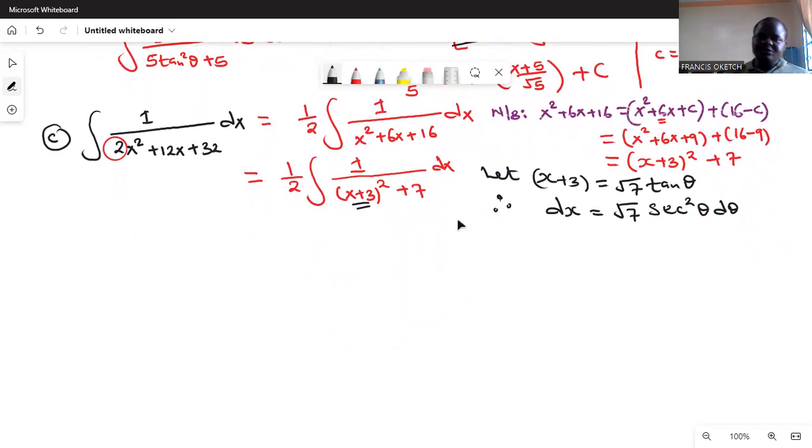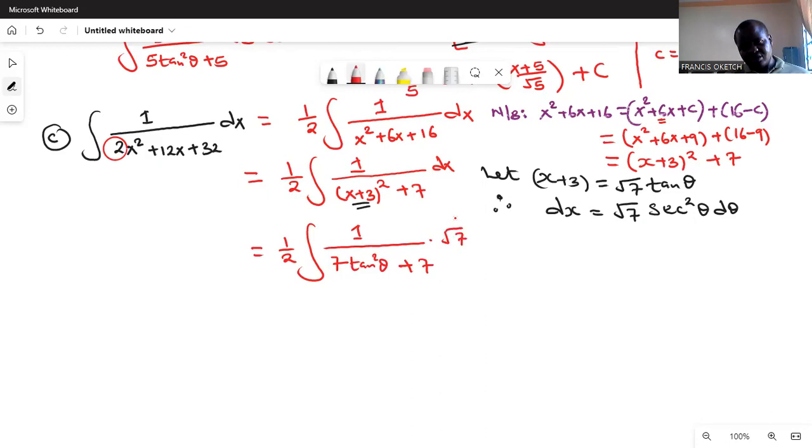So we go back and substitute that in our integral. This will be equal to 1 over 2 times the integral of 1 over, now instead of x plus 3 squared, that should give us 7 tan squared theta, plus another 7. Instead of dx, we have root 7 sec squared theta d theta.